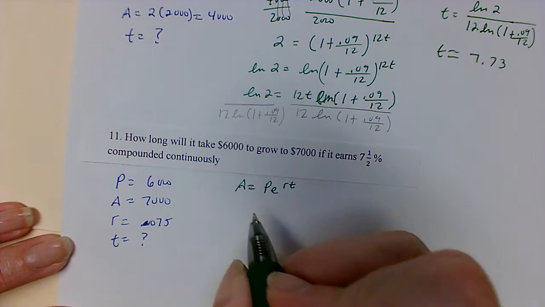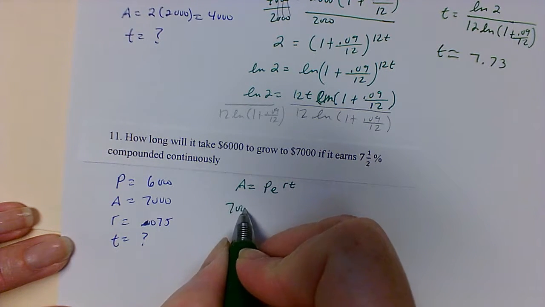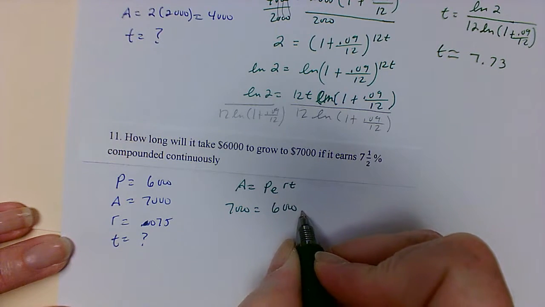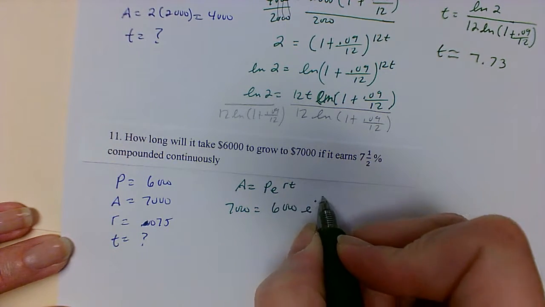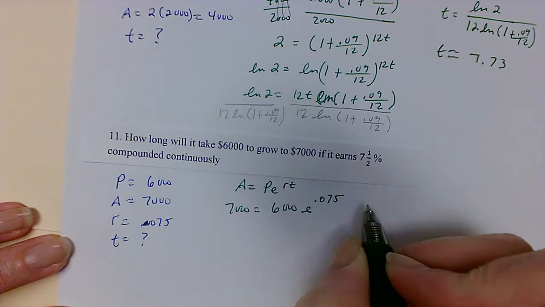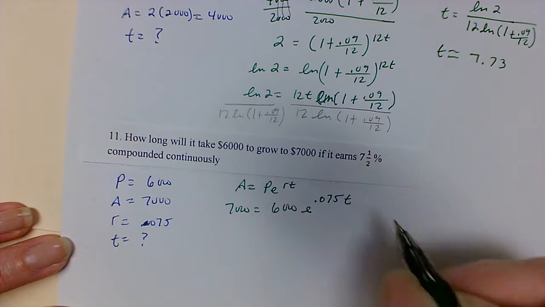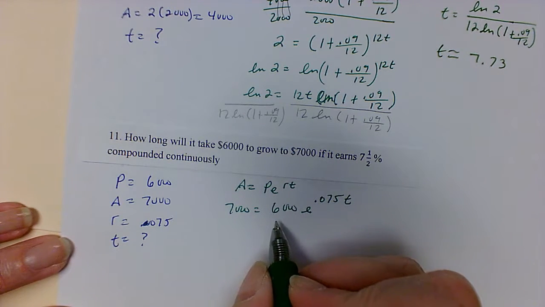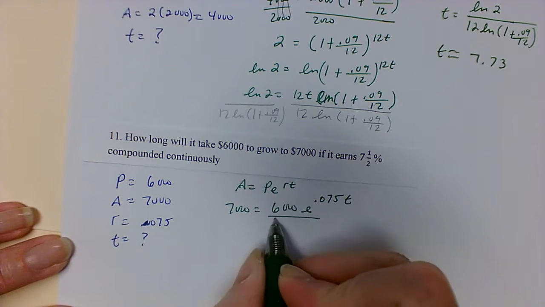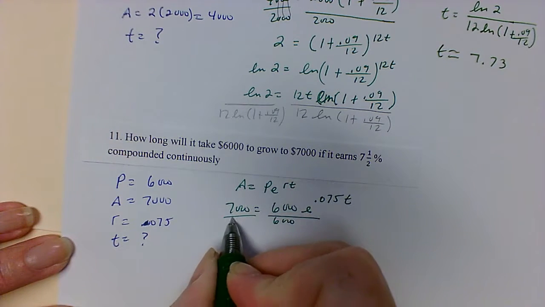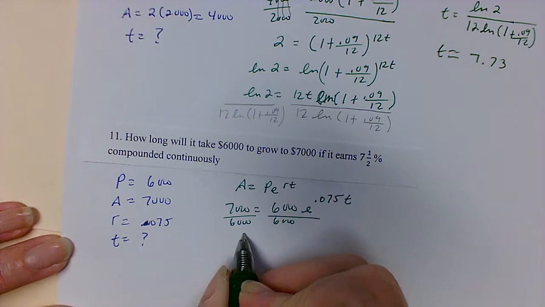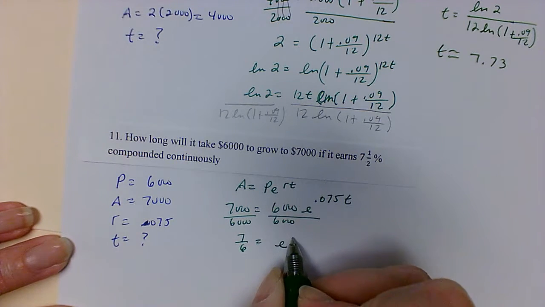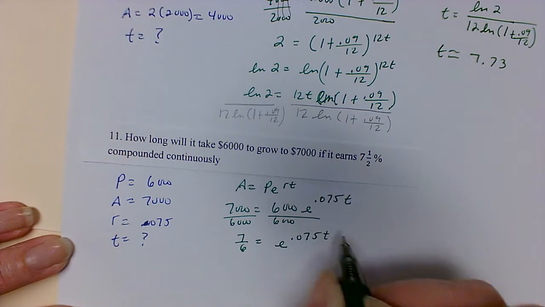So now we're just plugging in our values. So 7,000 equals 6,000 times e to the 0.075 times t. So we're going to divide by 6,000. So that'll get us 7 over 6 is equal to e to the 0.075t.